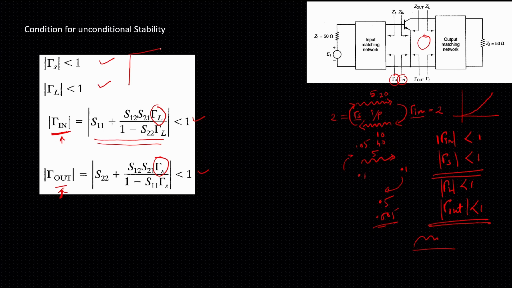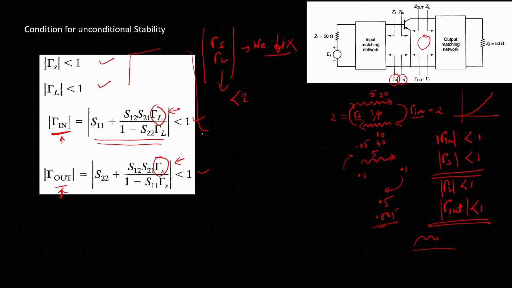And we know designing any amplifier means fixing your value of gamma S and gamma L. That means we fix this value. Perfect. So we will always fix this value less than 1. And after fixing gamma S and gamma L, we need to see our gamma in and gamma out, whether they satisfy the less than 1 condition or not.